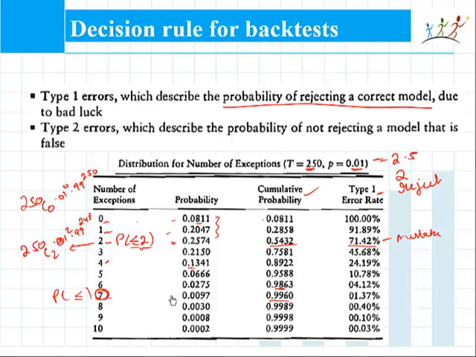We would likely reject the model, but it's still possible that we have made a mistake, that it's just this sample that 7 exceedances have come. In another sample, it's possible that only 2.5 or 2 or 3 exceptions come. But the probability of that happening, or the probability of making a type 1 error, that is rejecting a correct model, will be very, very low. It will only be 1.37%.